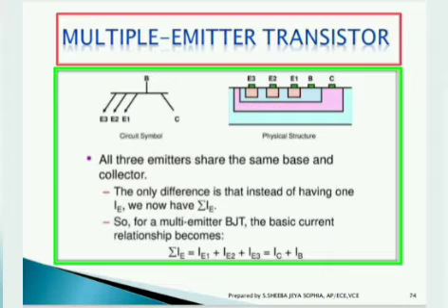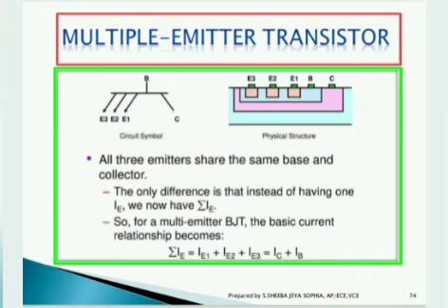So for a multiple emitter transistor or multiple emitter BJT, the basic current relationship becomes summation of IE, which is equal to IE1 plus IE2 plus IE3. We know that IE is equal to what? IB plus IC, collector current plus base current.